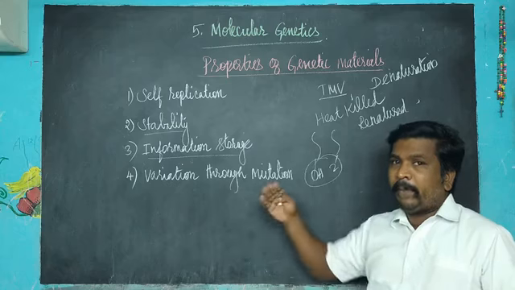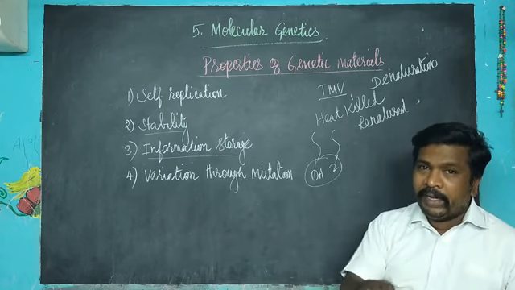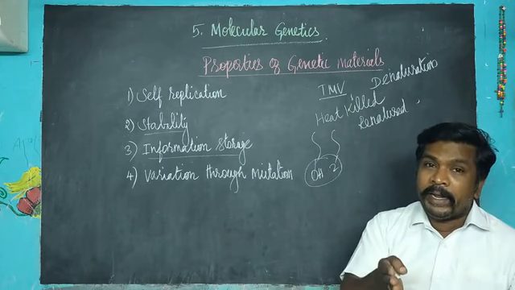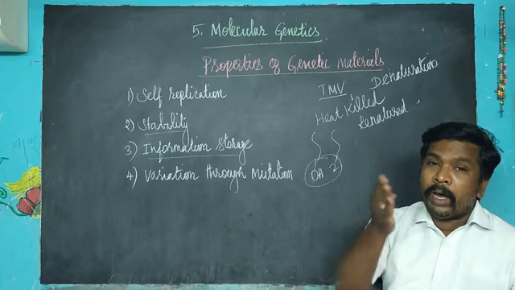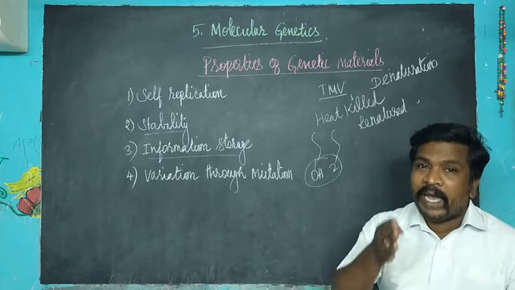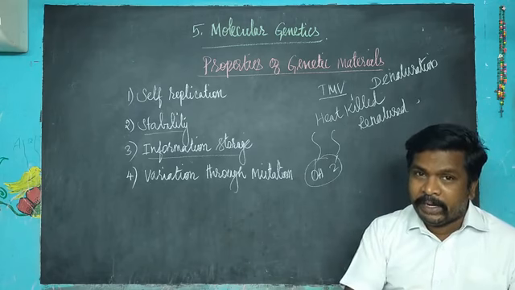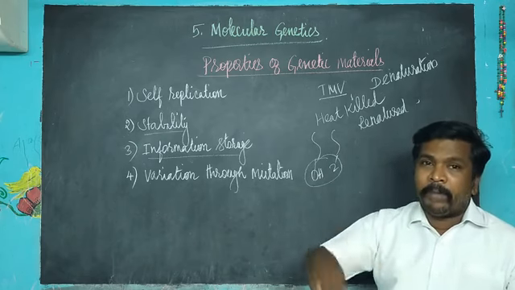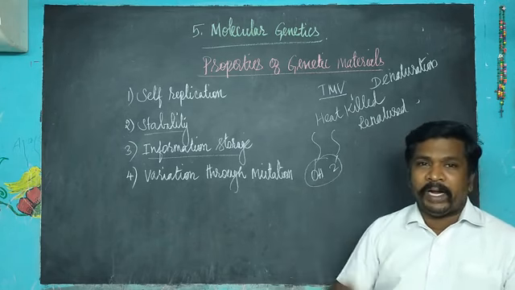When you compare to DNA, mutation is less in DNA and more in RNA, because RNA is less stable and more reactive. That's why organisms having RNA as genetic material have a short lifespan and often vary. They change frequently and new character features are formed.